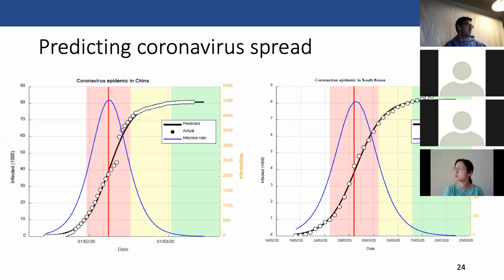On each of the graphs, you have a predicted line, which is the black, and then the dots indicate the actual measurements. You can see how well they've done with the prediction.